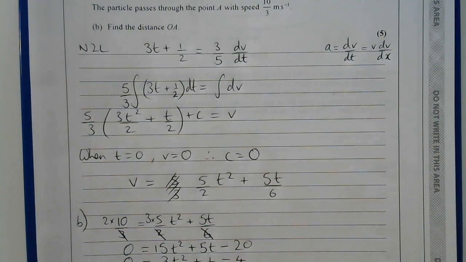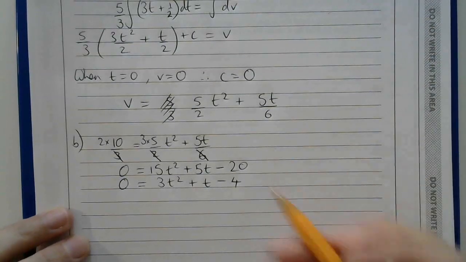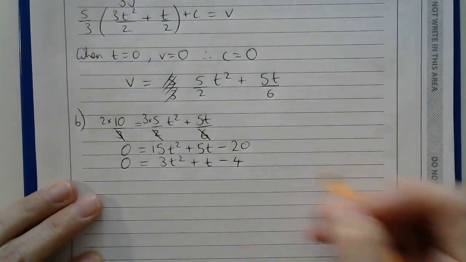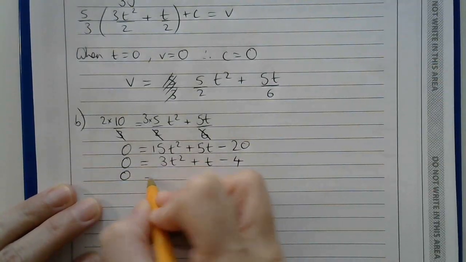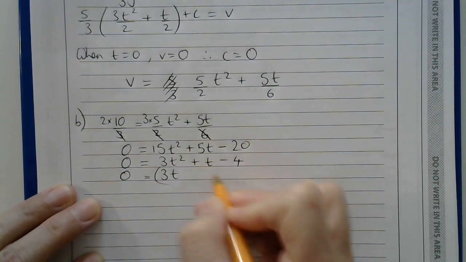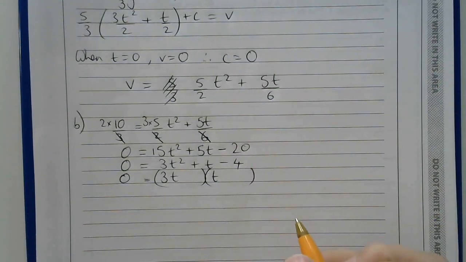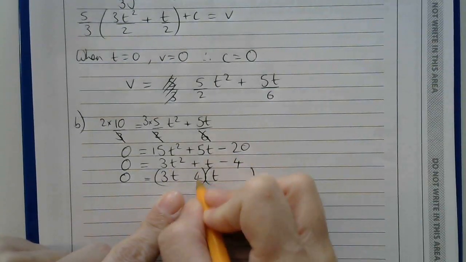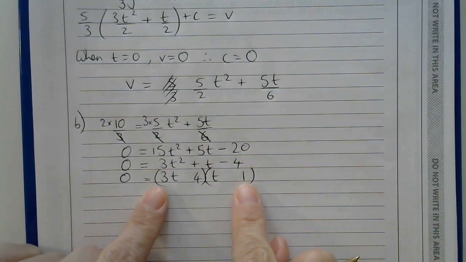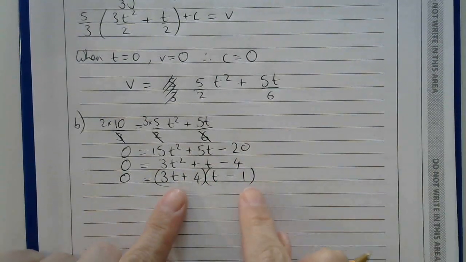Okay, so in order to try to solve this equation, then I can hopefully factorize. Let's try 3t and t. So there aren't too many different possibilities to try. So I think it would be a 4 there and a 1 there, and I need the 4 to be positive and this to be negative.